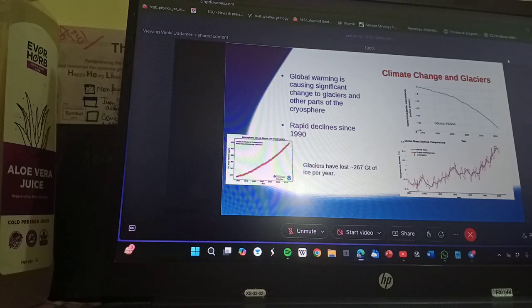So glaciers have lost about 267 gigatons of ice per year. So that's quite a bit of surface water that's being lost by glaciers.